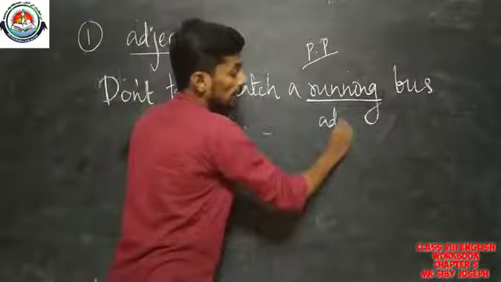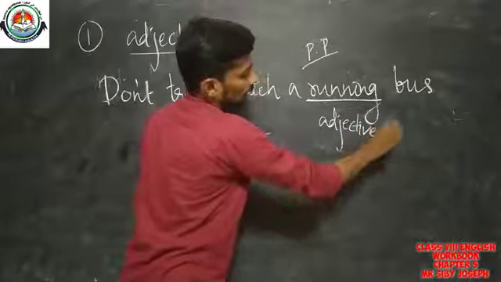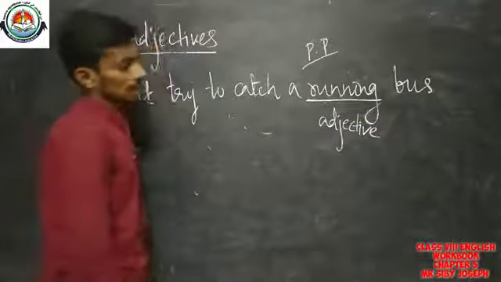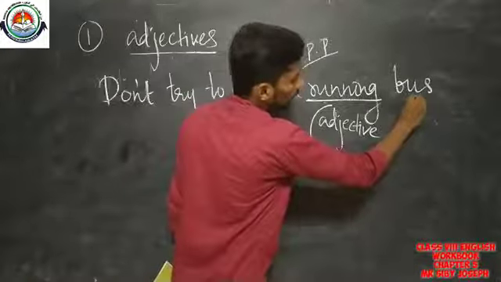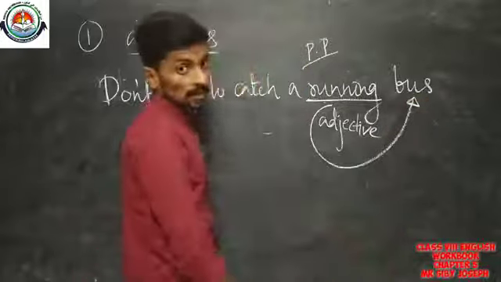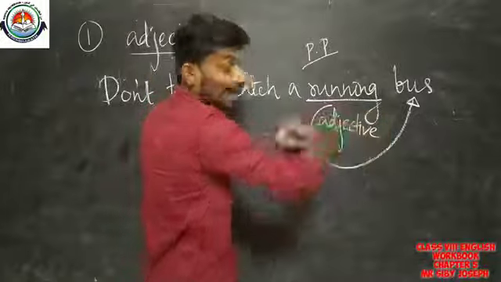So, we can undoubtedly say that it is an example of a present participle, and this present participle is used in an adjectival sense. That means it is used here to qualify the bus. What kind of bus is that? The running bus.